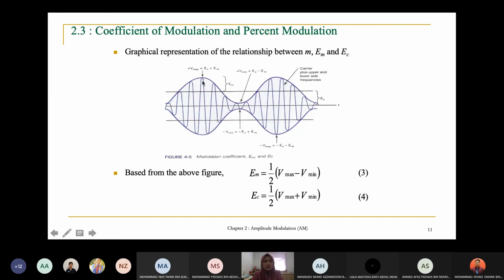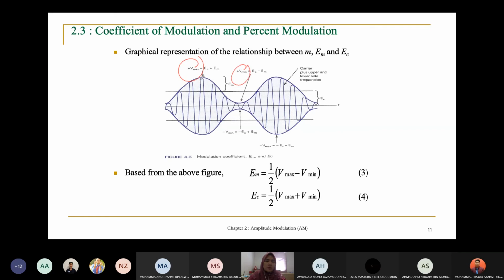Okay, so next. Remember, this is your AM envelope. This is the output. You will get something like this. If you have the output in the form of an AM envelope, you can label the Vmax and also the Vmin.